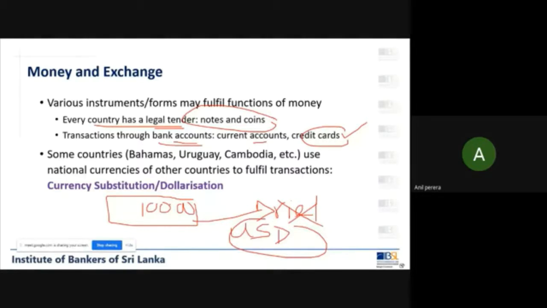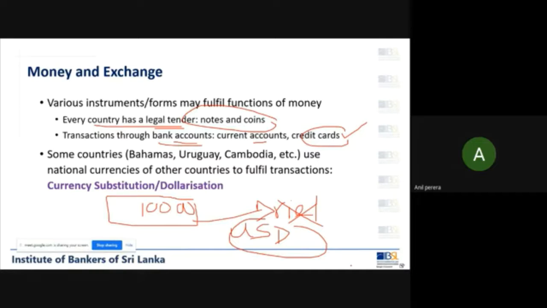Now in Venezuela, Zimbabwe, in those countries right now, people don't believe their national currency. The reason is you lose the trust, confidence in the national currency. So then people prefer some other currencies. In some cases, for the convenience, you prefer the other country's currency.